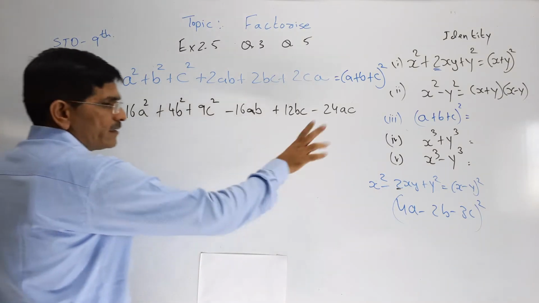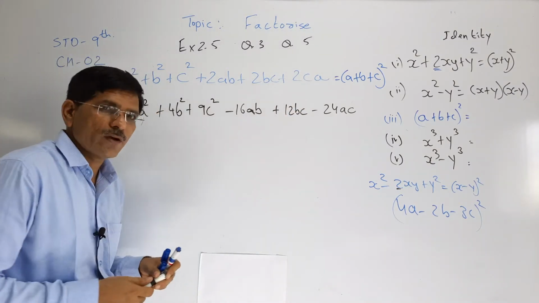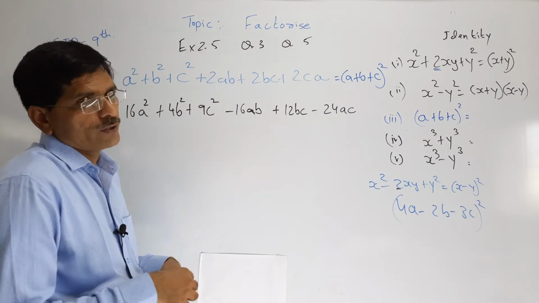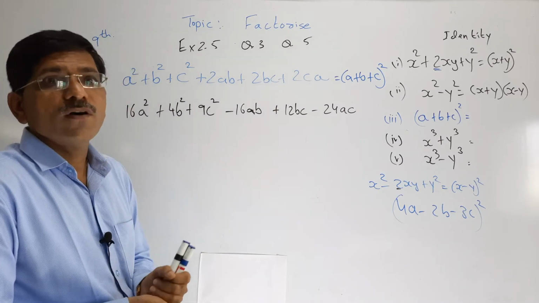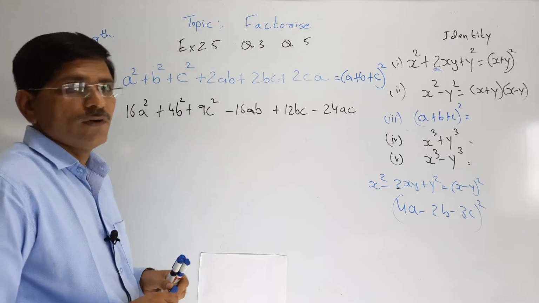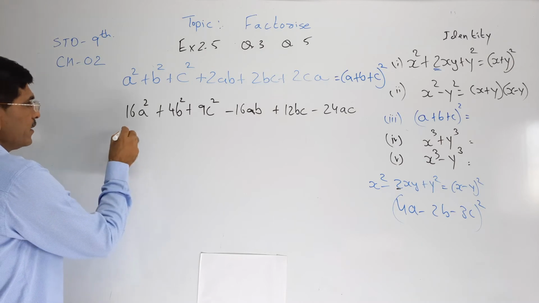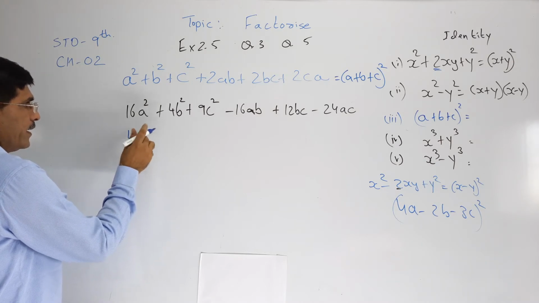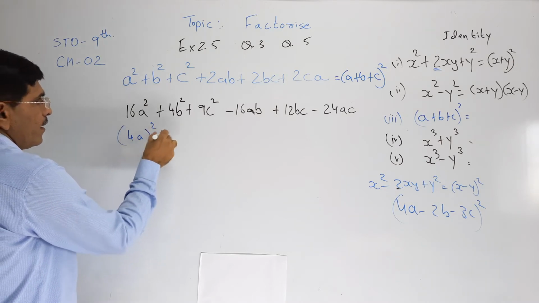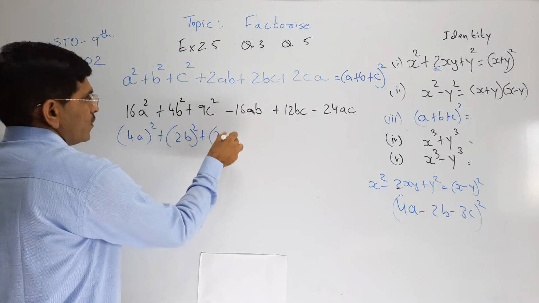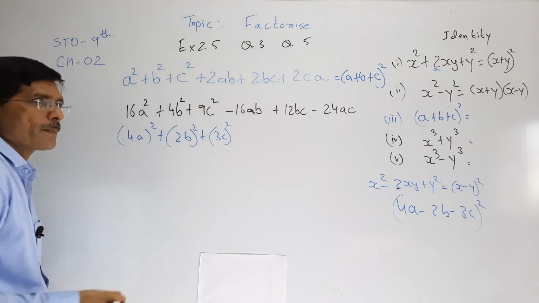First 3 terms are here. 16 is the square of 4, 4 is the square of 2, and 9 is the square of 3. So what I am writing here? Again, (4a) whole square plus (2b) whole square plus (3c) whole square.